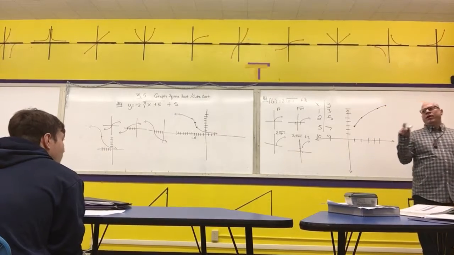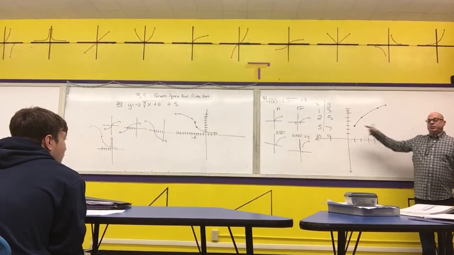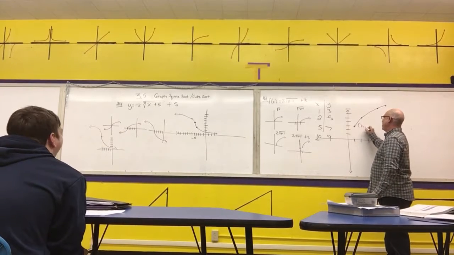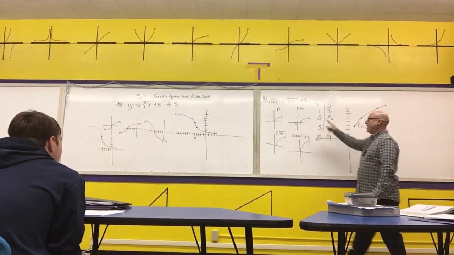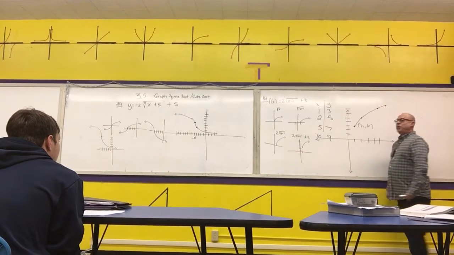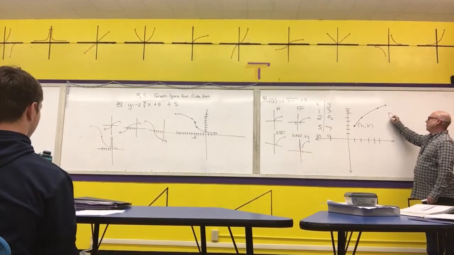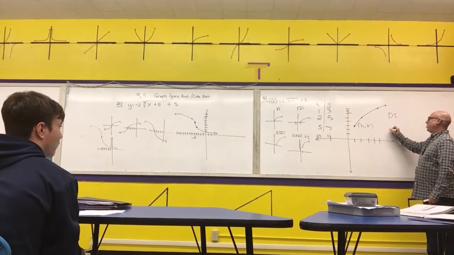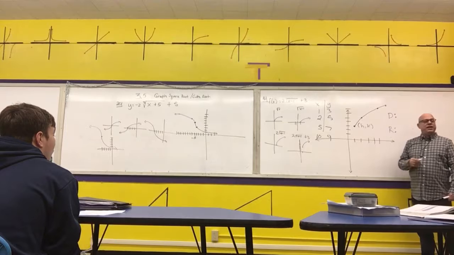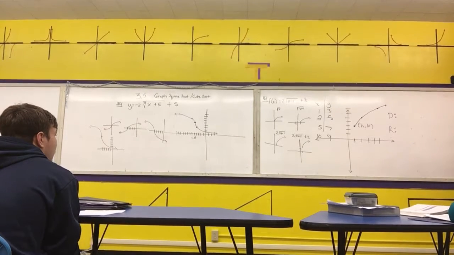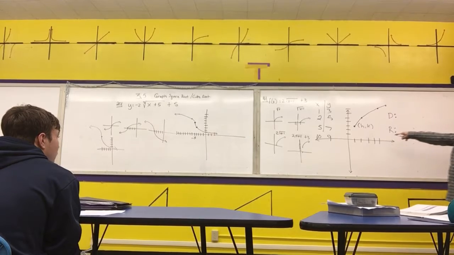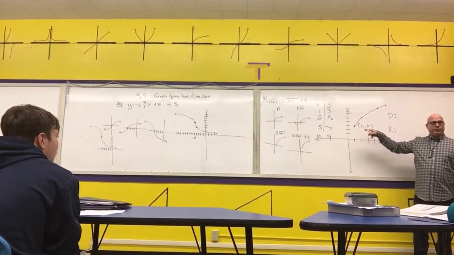If you know where a square root function starts, I'm going to call the coordinates of this point h comma k, because isn't that what it is in my function form? I want to know the domain of this function, and then I also want to know the range. The domain are the values of x I can put into this equation and get a valid result. What is the smallest x I could put in here and get my graph?